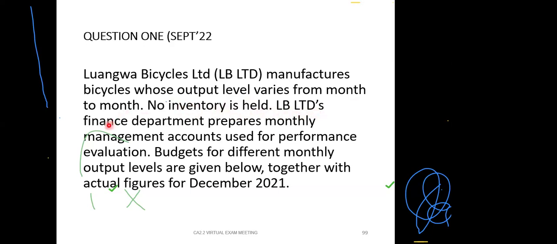Langua Bicycles Limited Finance Department prepares monthly management accounts used for performance evaluation. Budgets for different monthly output levels are given below, together with actual figures for December 2021.